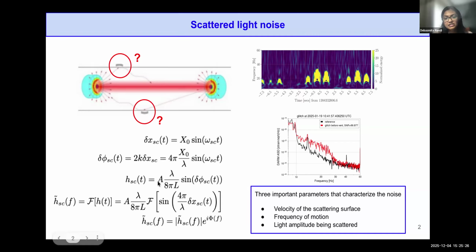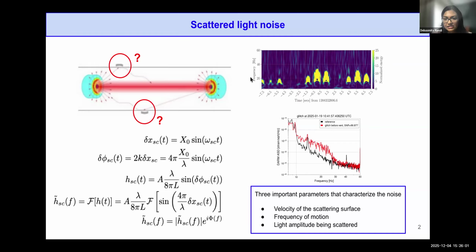We usually represent this as a fraction of the main beam, and lambda represents the wavelength of the laser that we use inside LIGO, which is 1064 nanometers. L is the 4 kilometer long arm of the detector, and this is the noise in the time domain. If we take a Fourier transform of that, we can get the noise in the frequency domain as well. And this spectrogram shows a representation of these glitches in the frequency versus time spectrogram.